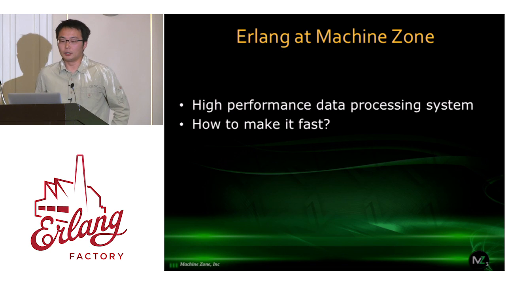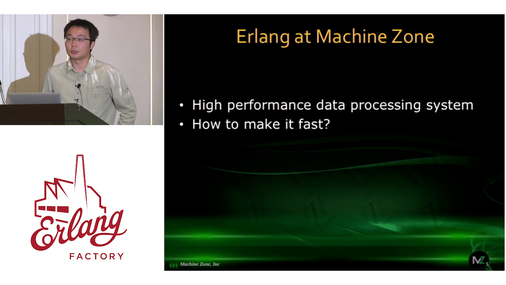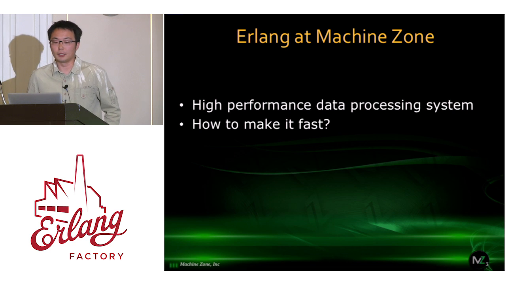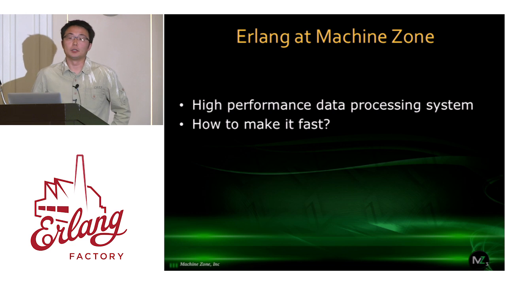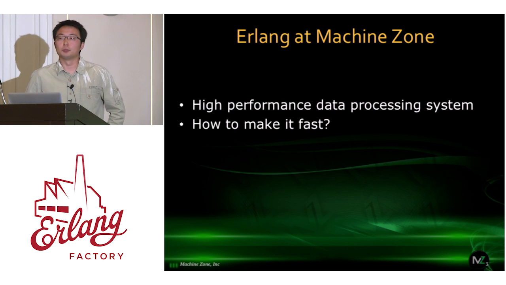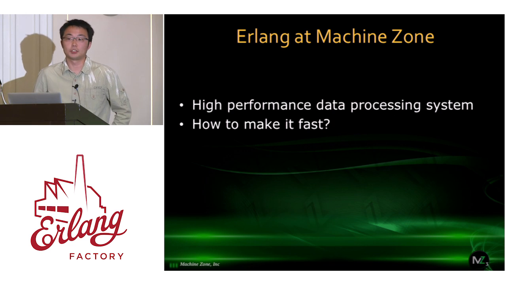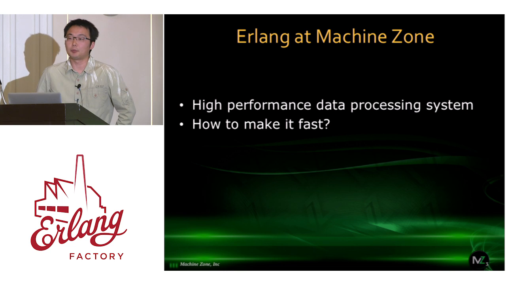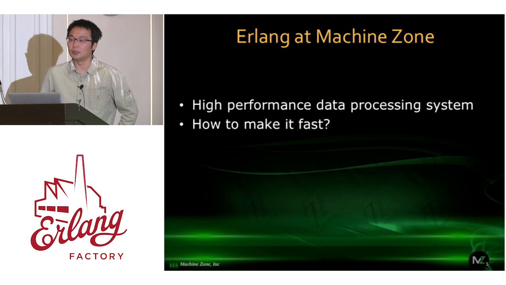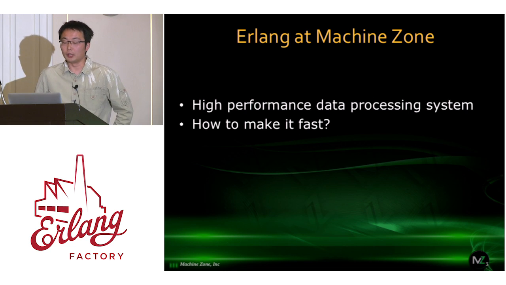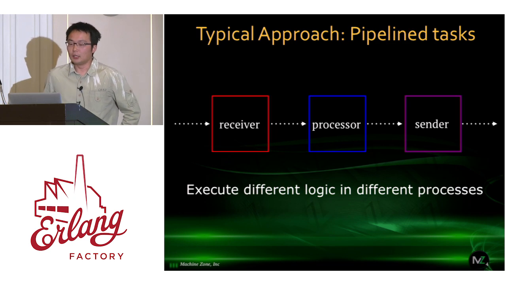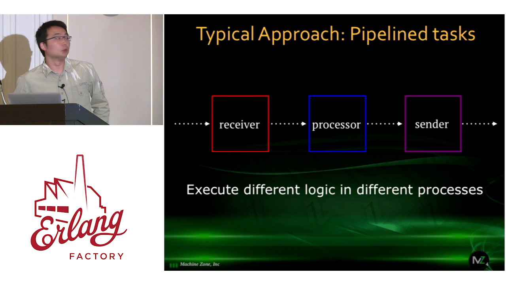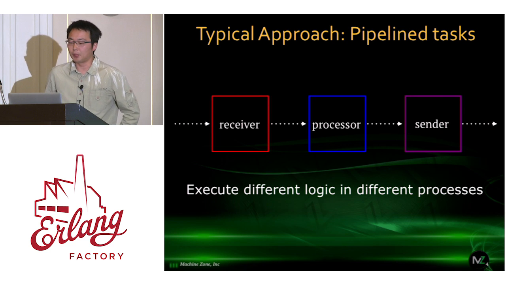At Machine Zone, we currently use Erlang to build a high-performance data processing system. When we started this project, performance was one of the first-order priorities in our objective. So we were thinking about how to make it fast. One of the typical designs that we started with is pipeline tasks.